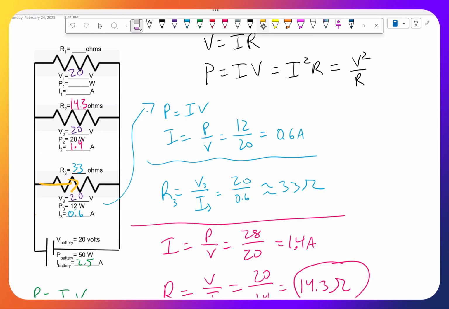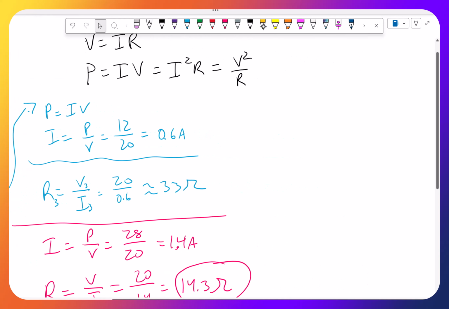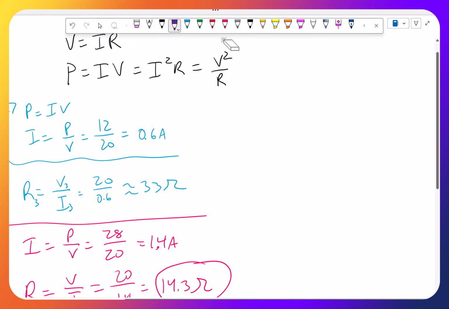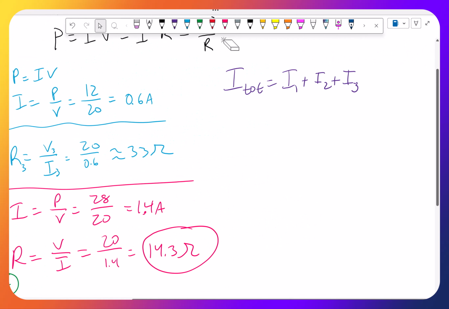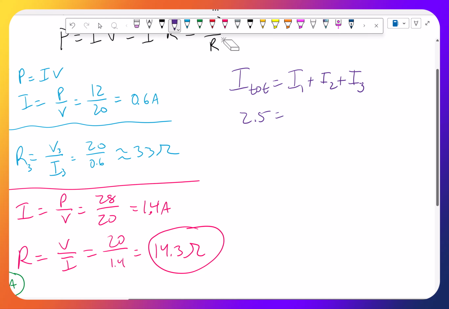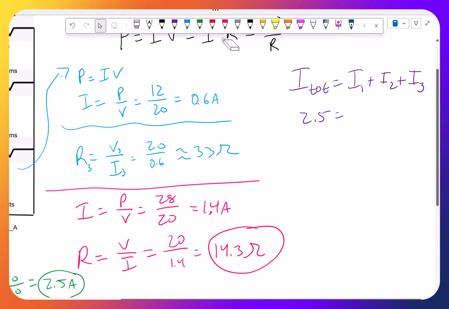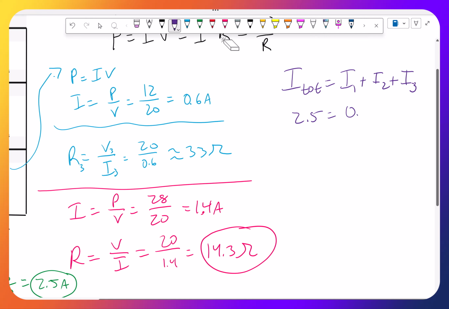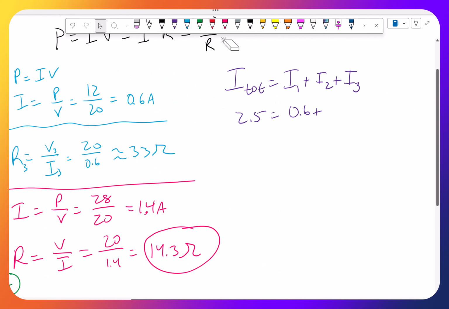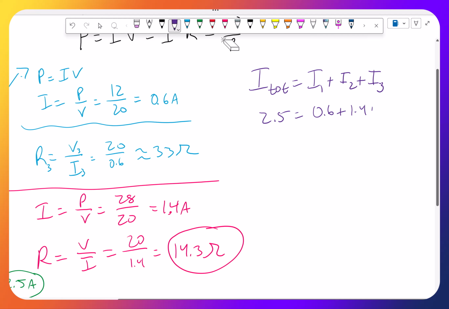Basically what it amounts to is that the total current going through the battery is equal to I1 plus I2 plus I3, because we have three resistors. So the total current, which we found was 2.5 amps, equals I1, which we found was 0.6, plus I2, which is 1.4, plus I3, which is what we're trying to find.